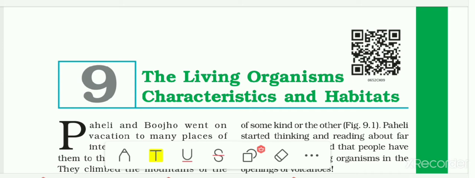Various non-living things such as rocks, soil, air and water in the habitat make up its abiotic components. We had seen that abiotic components play a major role in the growth and development of organisms. That we will see by one activity here in this chapter.